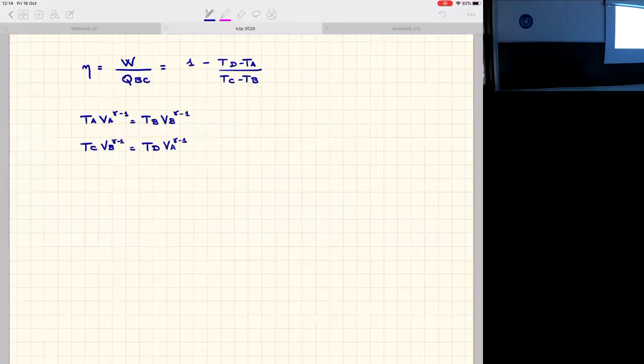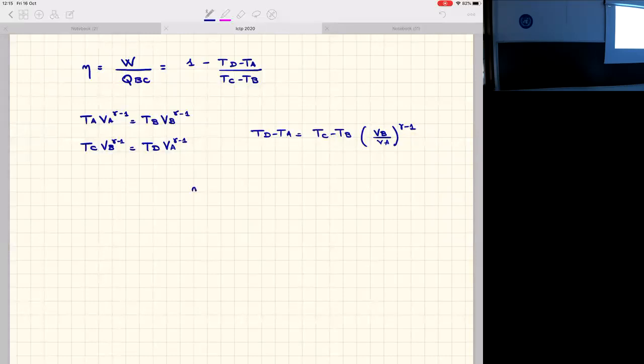Therefore, while before it made sense to express the efficiency in terms of the ratio of the temperatures, here it makes much more sense to express the efficiency in terms of the ratio of the volumes, right? So therefore, I use this and I find that TD minus TA is equal to TC minus TB times VB over VA to the power gamma minus 1.